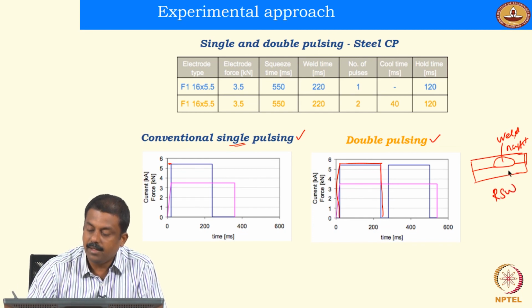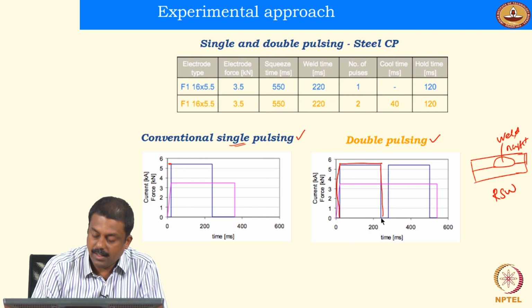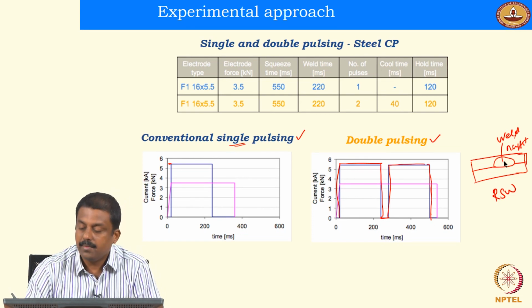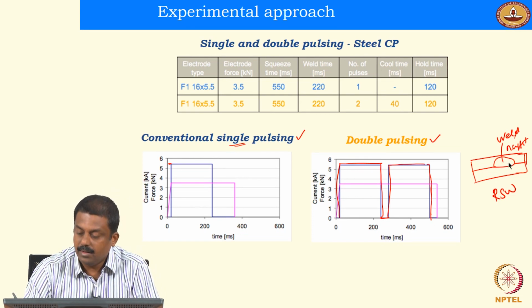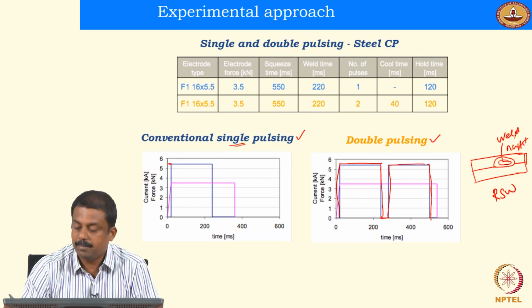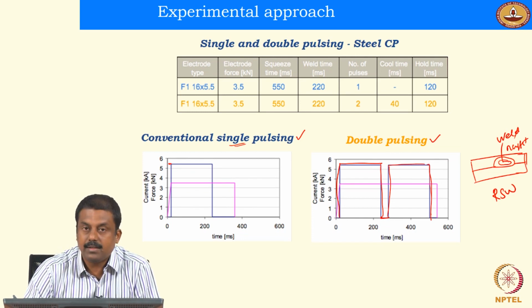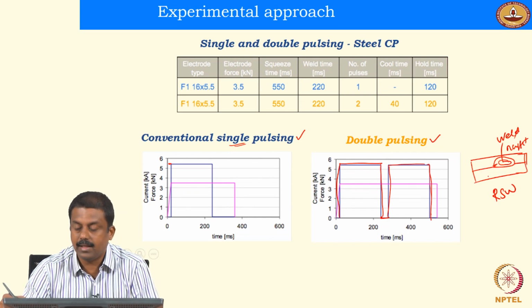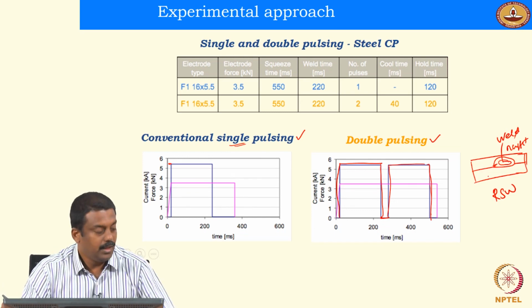So now instead of giving a single pulse, after a first pulse we will also apply a second current pulse as shown over this figure, and by doing so we may also remelt the first nugget which is formed during first pulsing, and that can influence favorably the alloying elements which are actually segregating at the weld center line. Okay, we will see in the subsequent slides how we can do that.